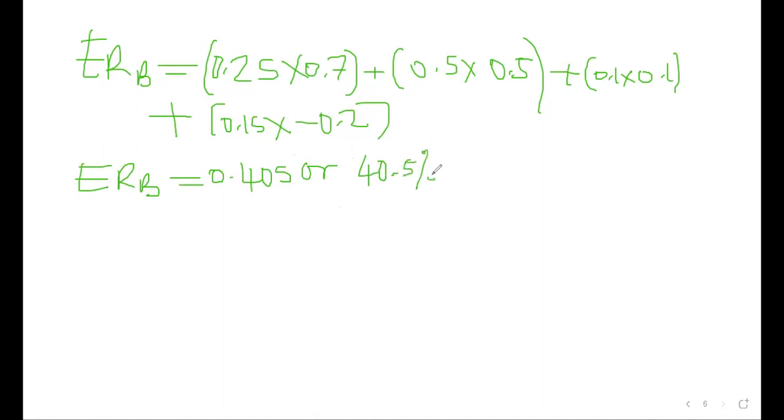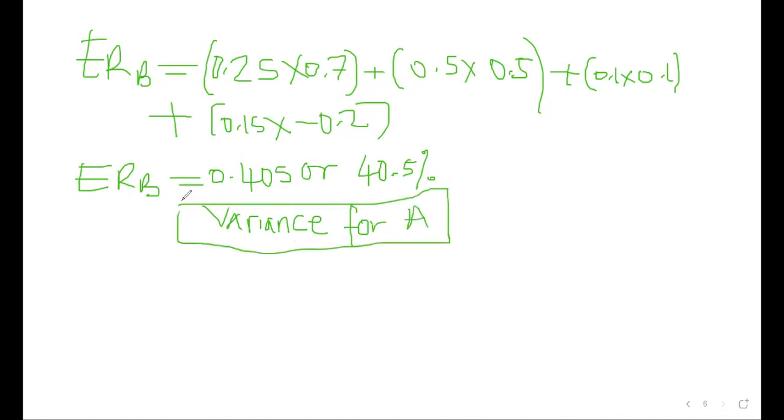So now let's find the variance of X for A. For B, you can find it in your own time, as long as you understand what I'm going to do for A.